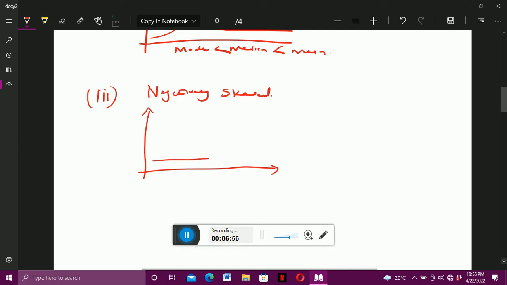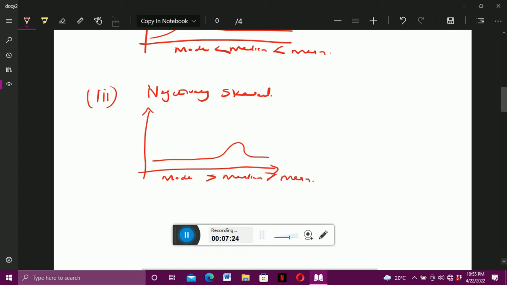So we'll have a tail there, and the peak will now be to the right. So how do the mean, mode, and median relate in this case? Now we find that the mode, this is where the peak is, is greater than the median, which is in turn greater than the mean.